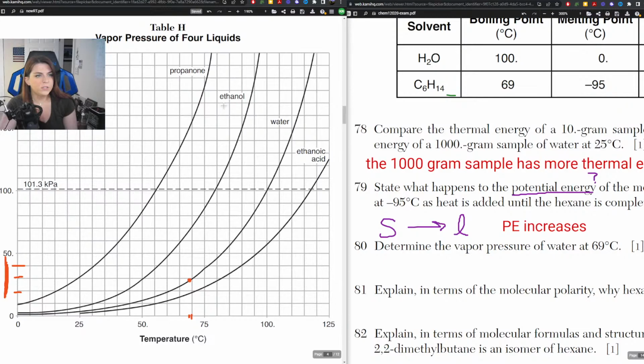Be super careful with this because ethanol and ethanoic acid, kids confuse them on the test all of the time. So don't be that kid. Take my warning. Now you've been warned. And now you know. Okay, so I'm going to slide this data point over super carefully to the x-axis.